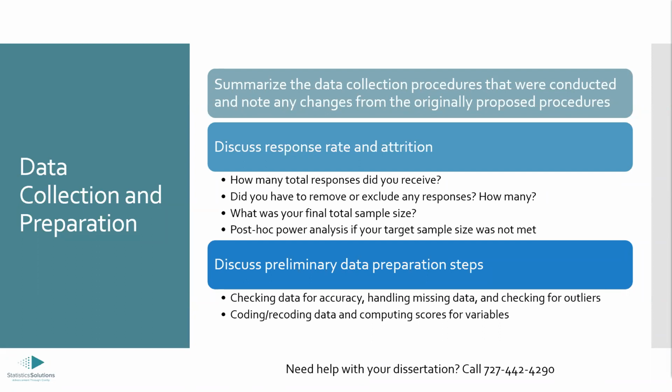It's also very likely that you'll have, to some degree, missing responses in your data, and you want to describe in detail how you're handling those responses. So whether you're just excluding people who are missing any data, if you are keeping some people who are missing data, how are you handling those missing responses? Are you doing some kind of imputation or replacement? You want to describe those procedures.